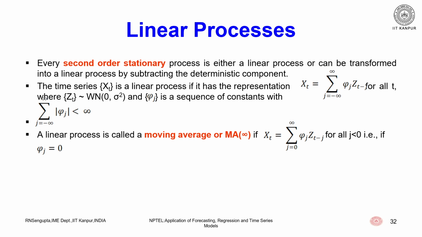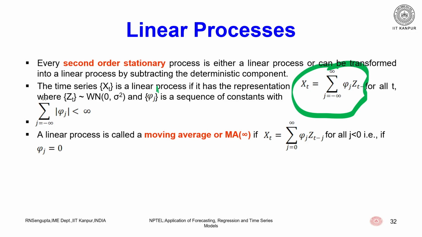The time series x t, which I am denoting, is a linear process if it can be represented by this function, such that the z t which you have is a linear process, and that is basically true when you are trying to find out the concept of derivative pricing and all these things, or a general linear process with a corresponding mean value of 0 and a variance of sigma square.